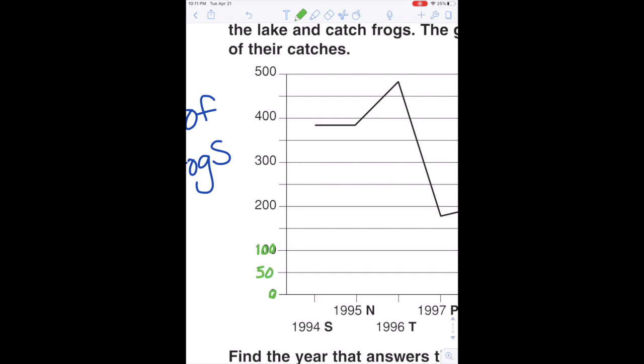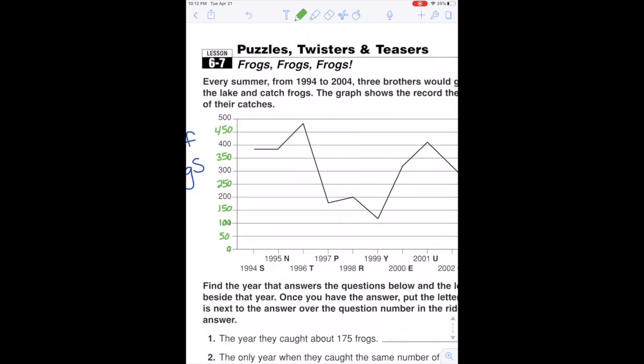So these lines that are missing, those are intervals of 50. So we have 200, 250, 300, 350, 400, 450. Sometimes they leave them out because of space and it gets too crowded. So we can always fill in the missing information.